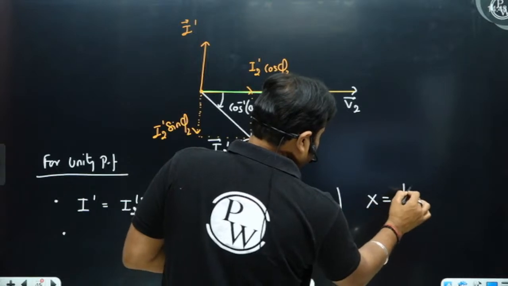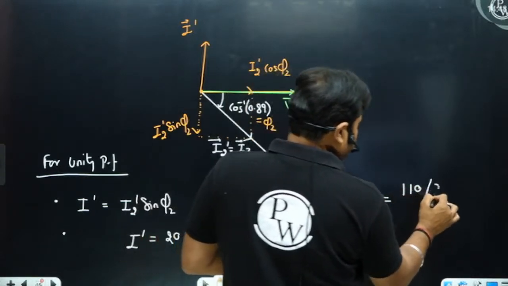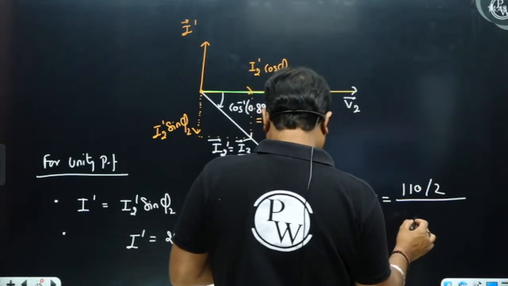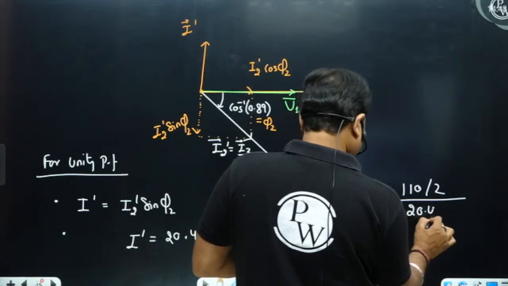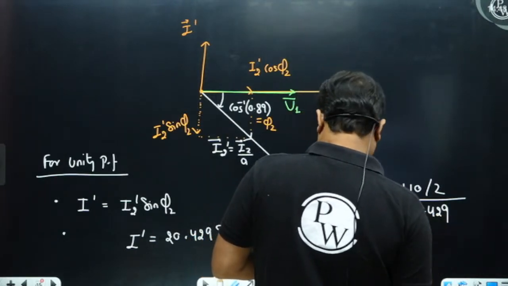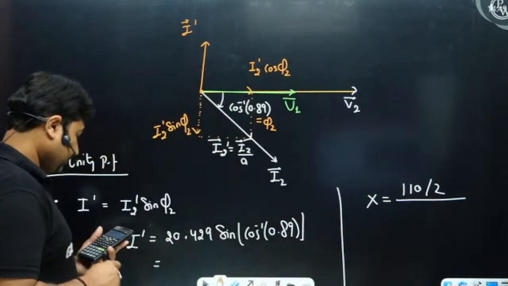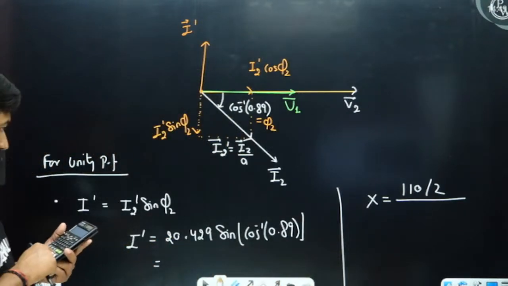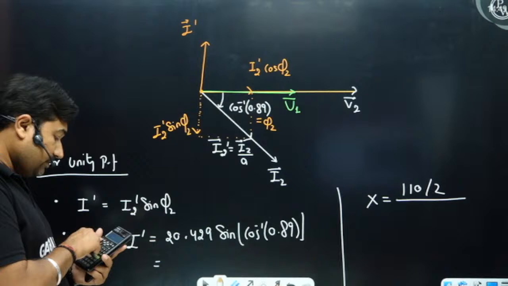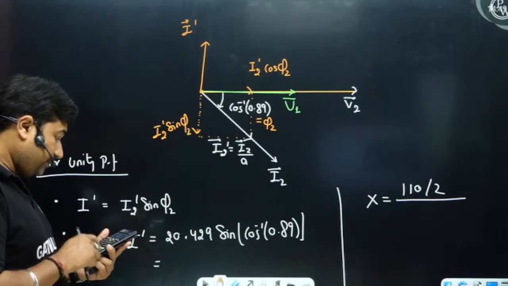X will become 110 by 2 divided by 20.429 times sine of cos inverse 0.89.